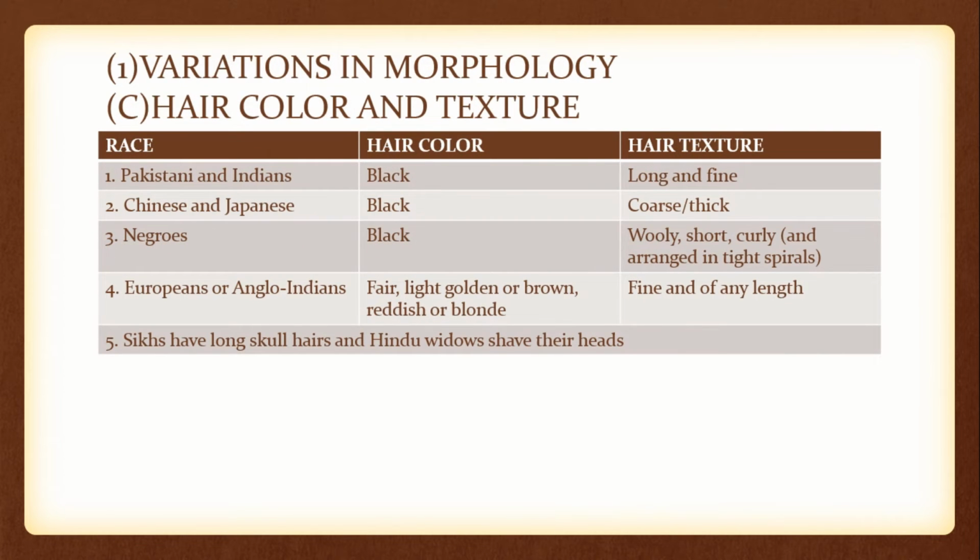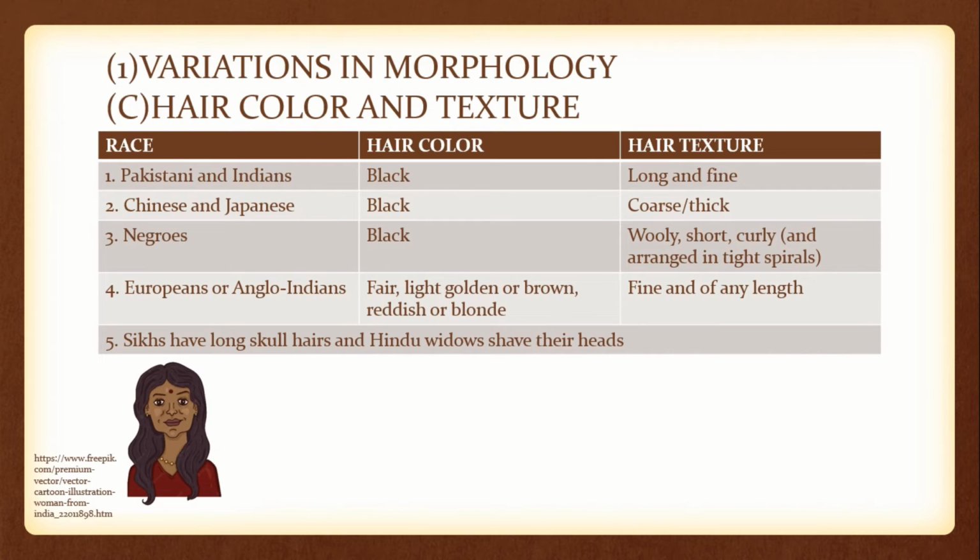Moving on to the third morphologic feature, that is hair color and hair texture. So on the basis of differences in hair color and variations in hair texture, you can determine the race of an individual as well. So if a living person has got black hair which is long and fine, so that person would most probably be a Pakistani or an Indian.